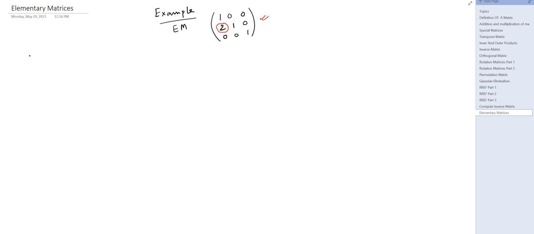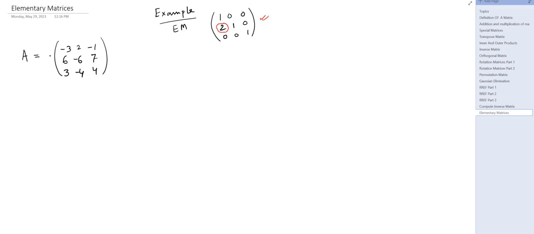Okay, so now let's see how we can do the Gaussian elimination steps using the elementary matrix. So let's consider we have a matrix of this form: -3, 2, 1, 6, -6, 7, 3, -4, 4.